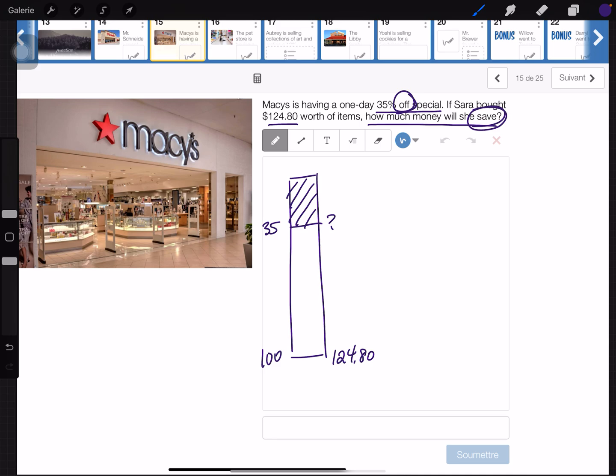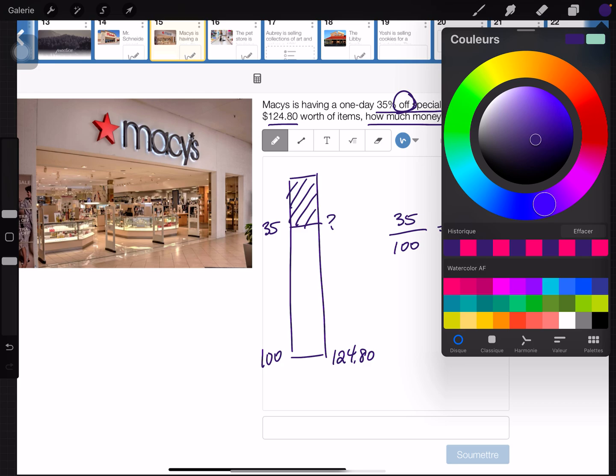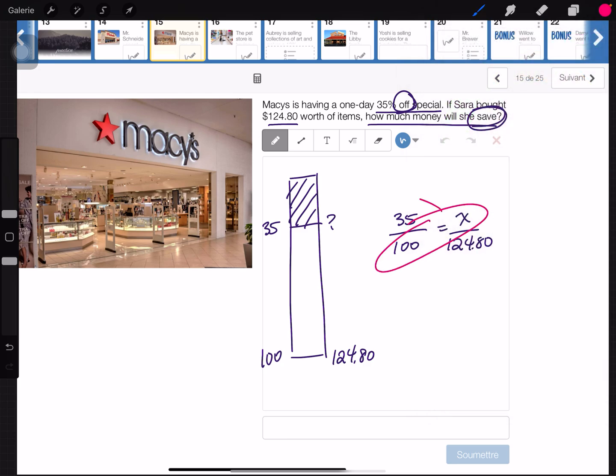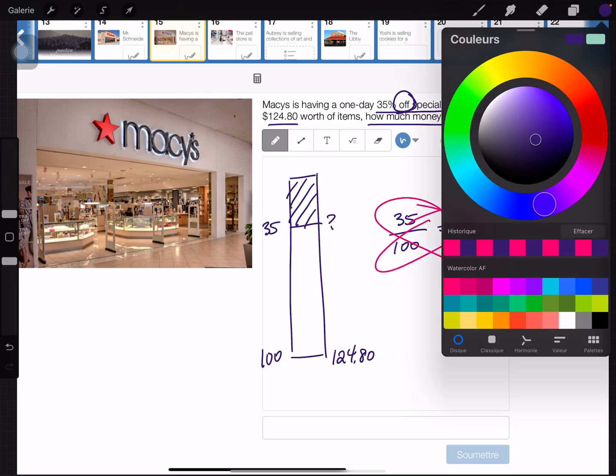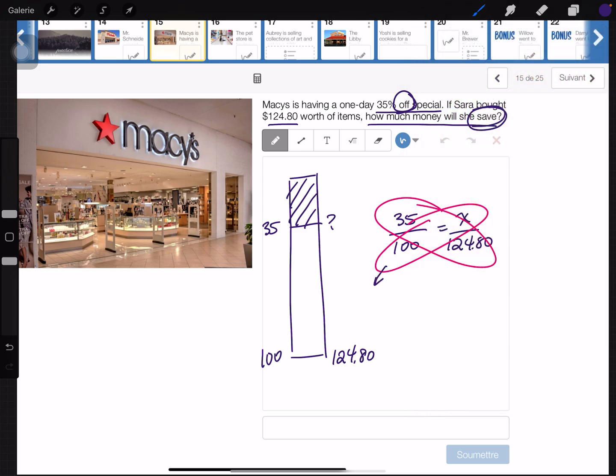Now I can go ahead and set that up. 35 over 100 equals some number, x, over 124.80. And I can use my cross products, the butterfly method. 100 times x, multiplying those opposites, equals 35 times 124.80.